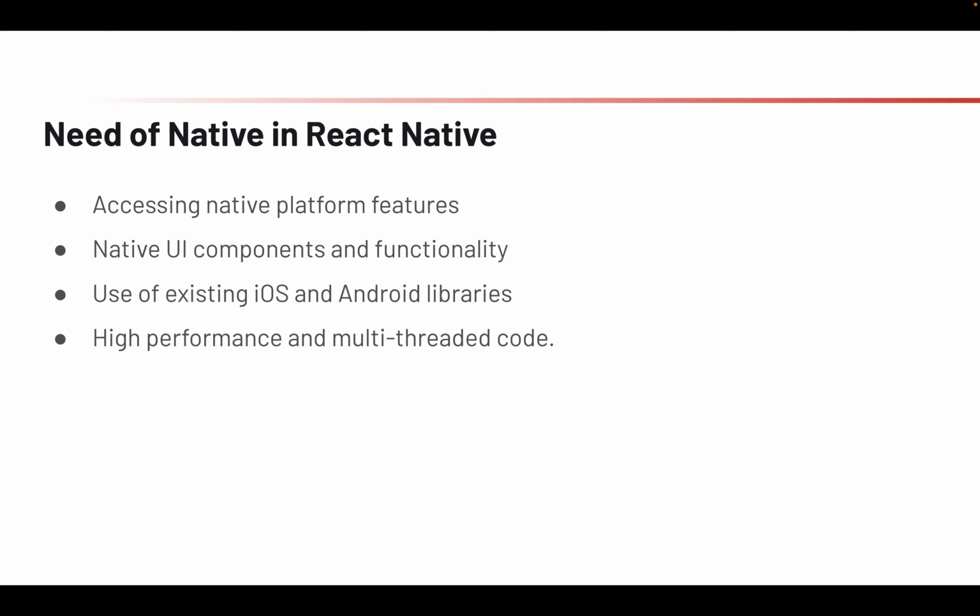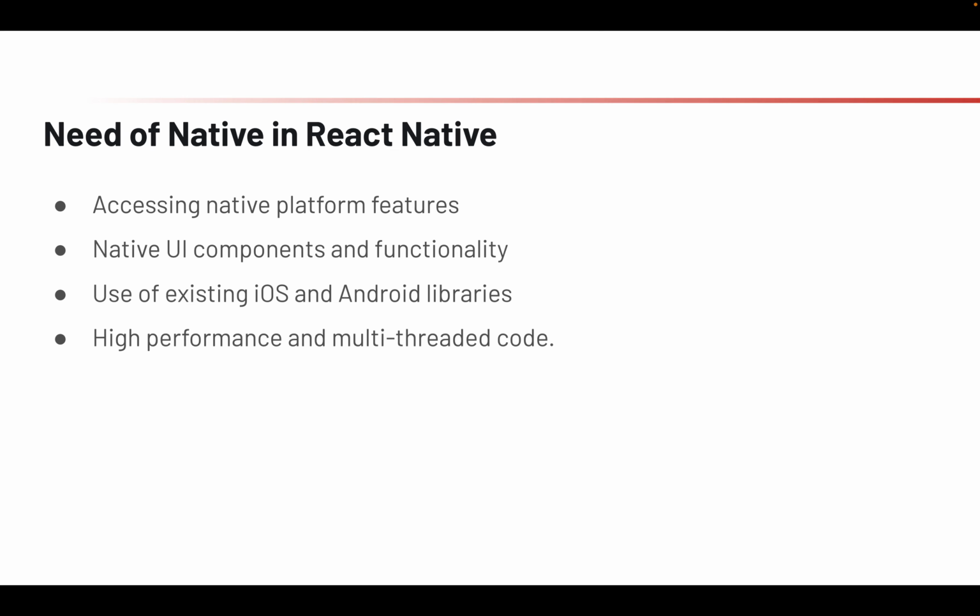So let's move to the native. Why is there a need of native in React Native? As I said, to access native platform features in React Native, to use native UI components and their functionalities in the React Native application, and to use the existing iOS and Android libraries, so that we can use them in React Native by using this native module.